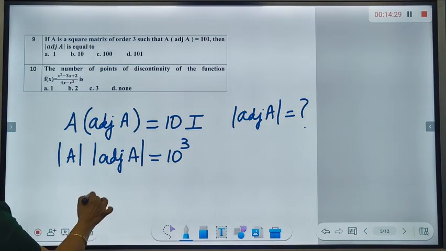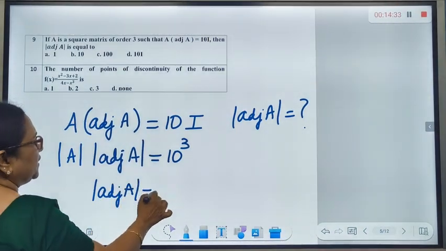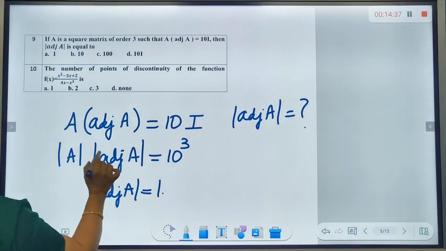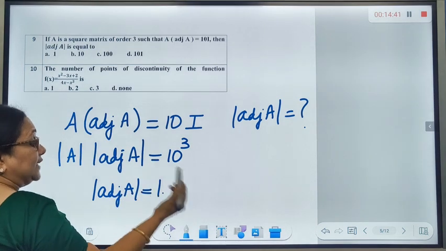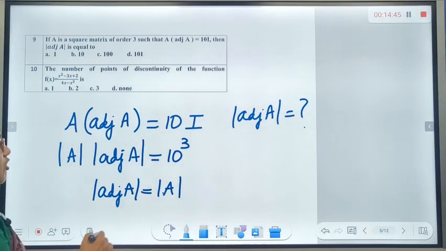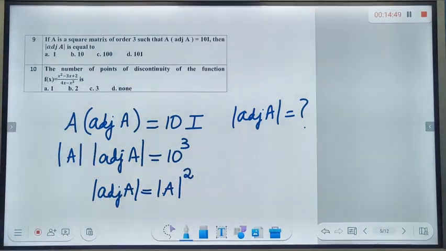And you know that we want to find the determinant of adjoint of A. So you have to know what is determinant of adjoint of A in terms of determinant of A, which is determinant of A to the power n minus 1, which is square here.